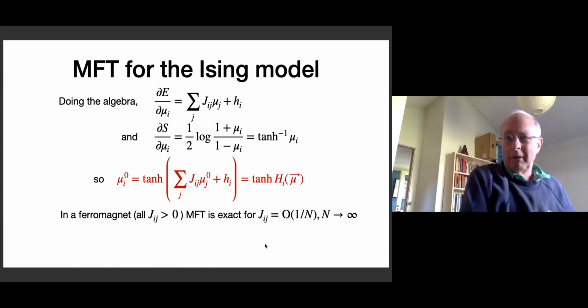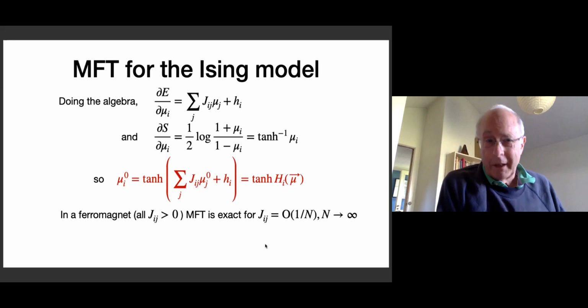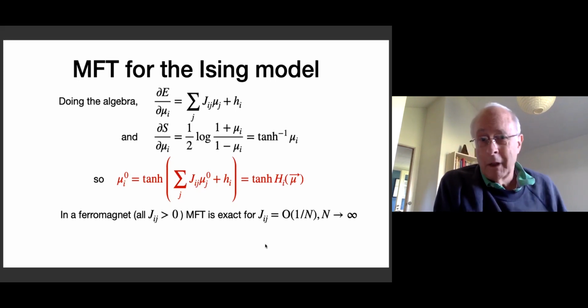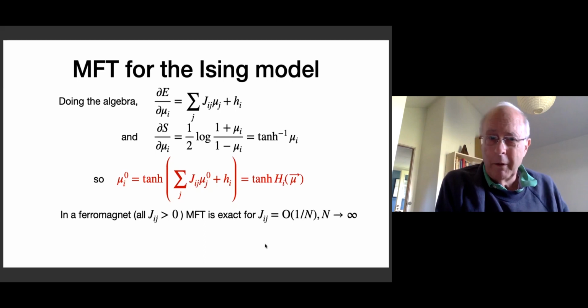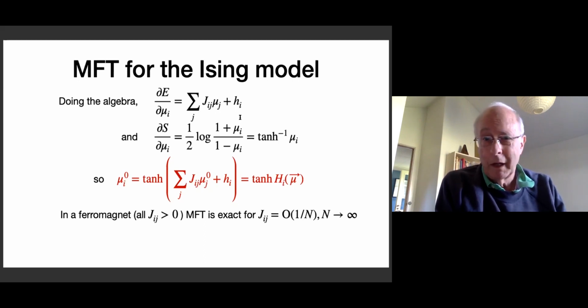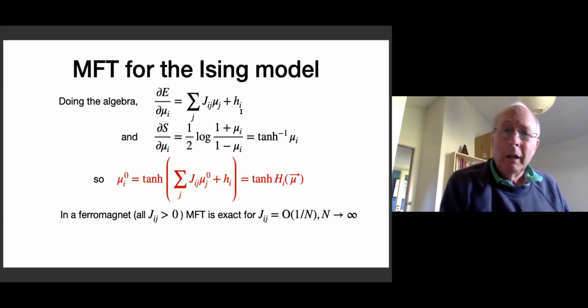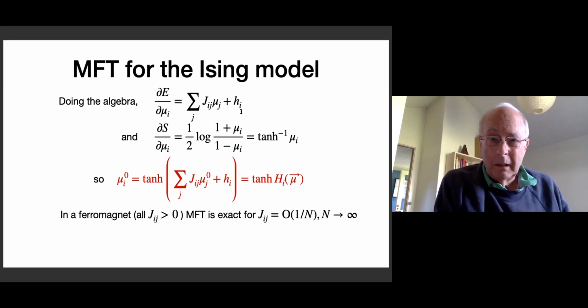Okay, so how do we do mean field theory for that Ising model? Well, we need to take those derivatives. So the derivative with respect to mu sub i of the energy is just this field, the sum of J_ij mu_j plus an external field if you have one. And in an exercise of high school algebra, the derivative of the entropy with respect to mu turns out to be 1/2 the log of (1 plus mu) over (1 minus mu).